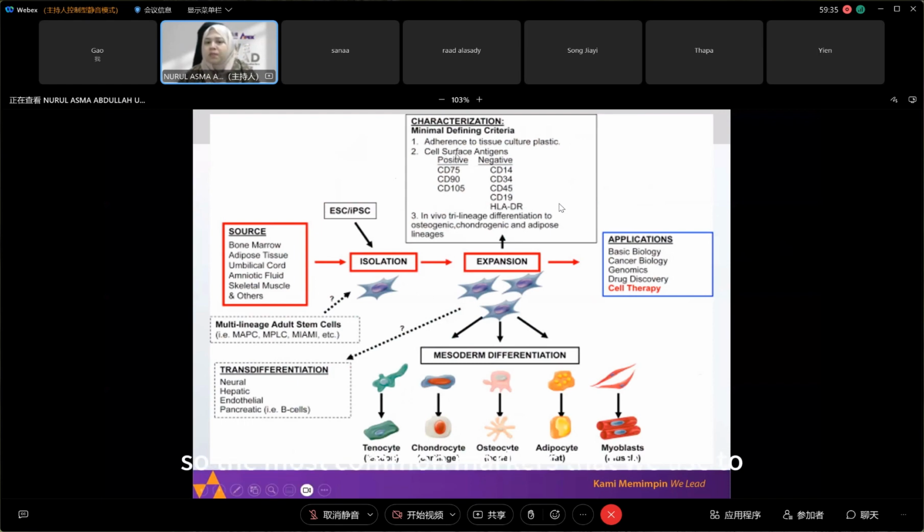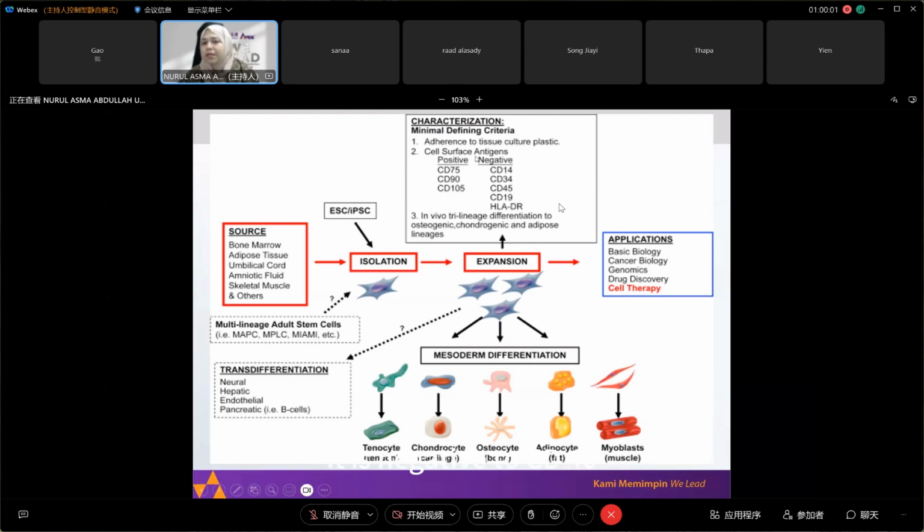The most common markers that we use to identify mesenchymal stem cells are CD73, CD90, and CD105. So these CDs are basically not expressed by immune cells. They are only expressed by the stem cells.